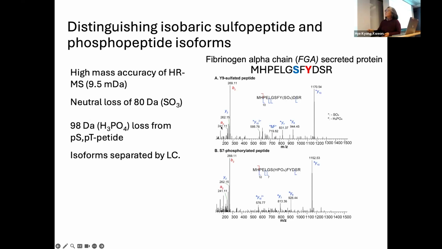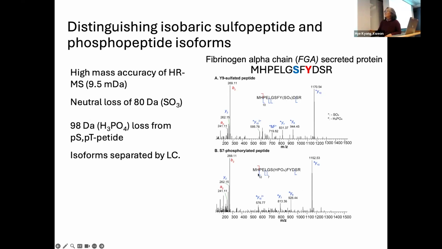So none of these fragments has the modification. We completely lost the site-determining PTM information here. But in the case of the same peptide phosphorylated on serine, the peptides retain... Sorry, not retained, I was confused.